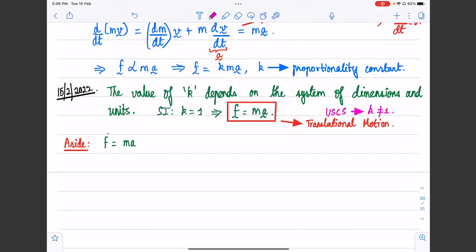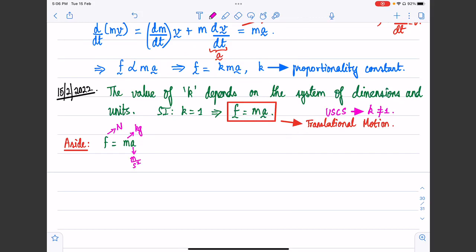As our friend correctly told, we take the unit of force in the SI system as newtons, the unit of mass is kilogram, and the unit of acceleration is meter per second square. Correct. So 1 Newton of force accelerates 1 kilogram of mass at 1 meter per second square. So that is the equivalence.